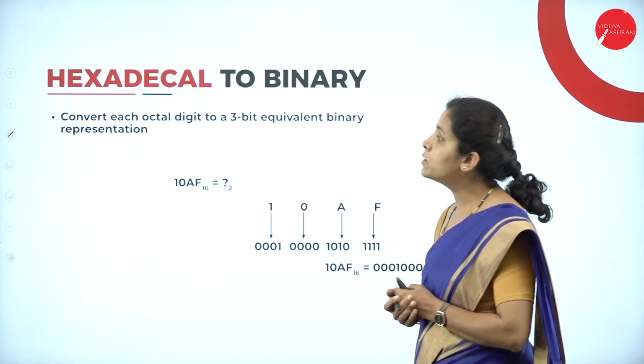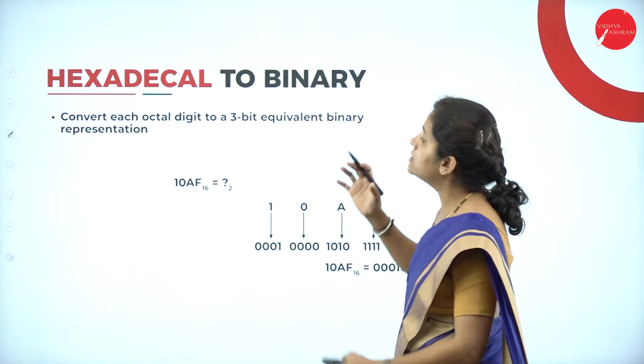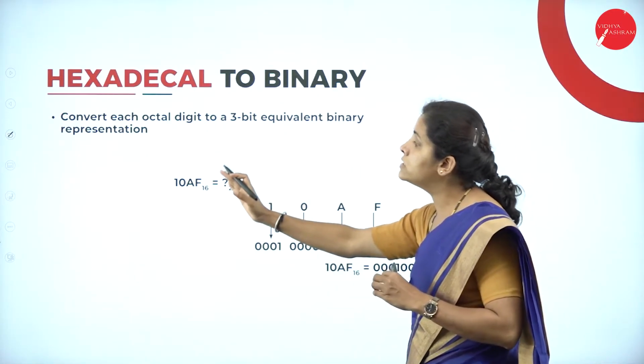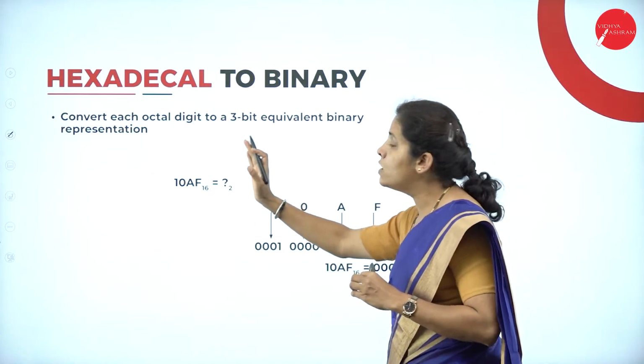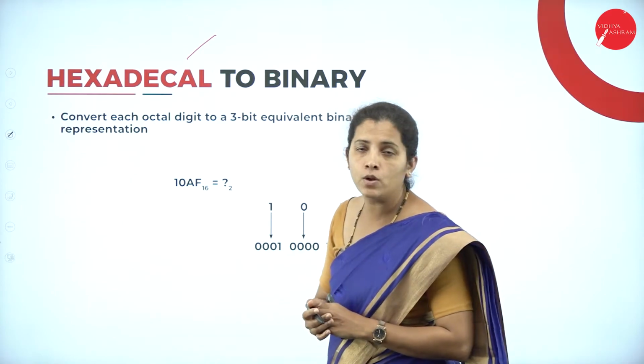Moving further, we are going to get hexadecimal to binary. That means I have a hexadecimal value and now I want to convert it to binary. What is the range of hexadecimal values?